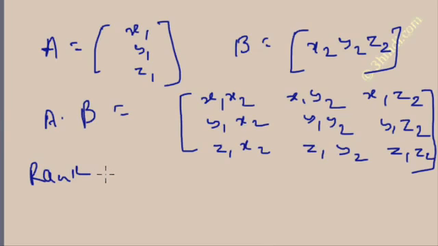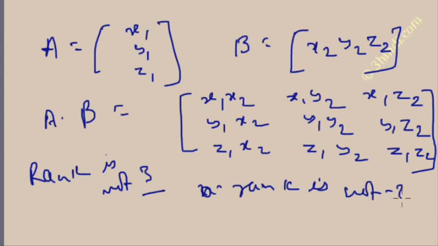Rank is also not 2, because for any two selected rows and two columns, the cross multiplication will always be 0. x1y2 into y1z2 minus y1y2 into x1z2 is equal to 0. So definitely rank is not 2.